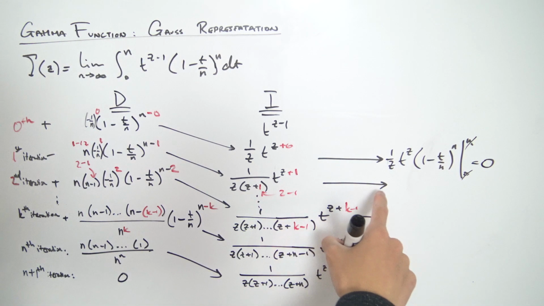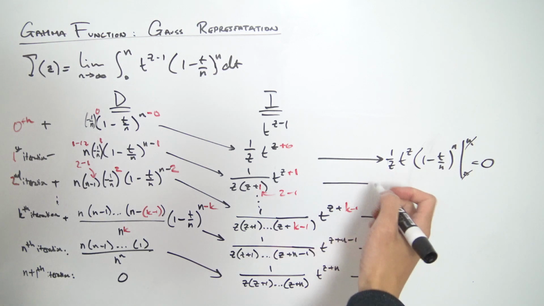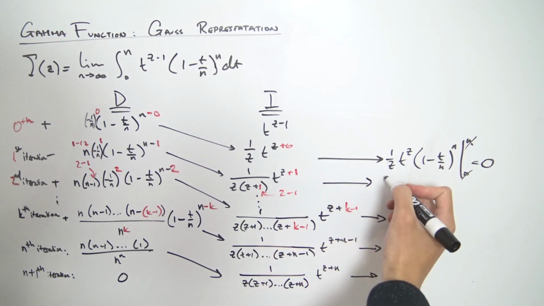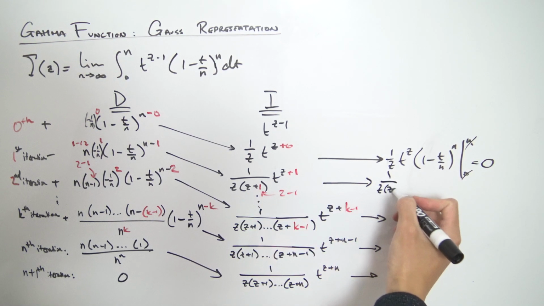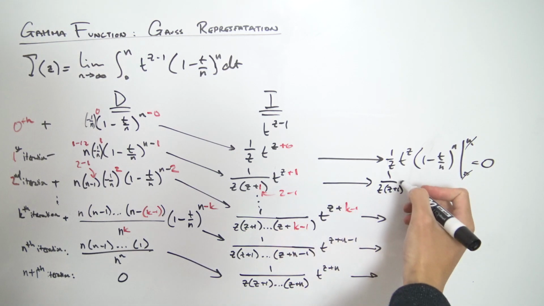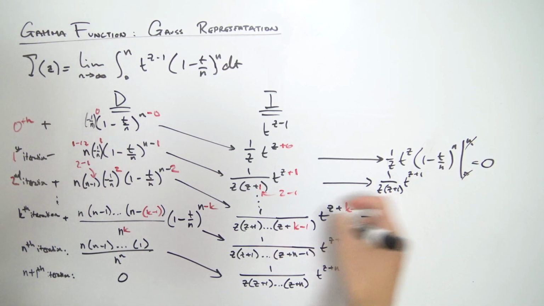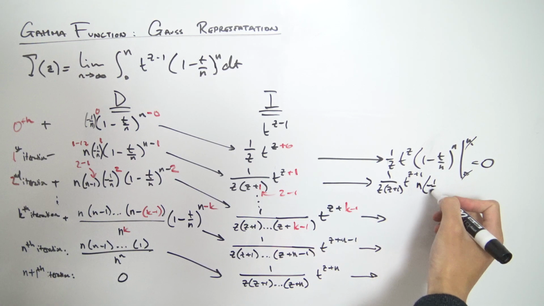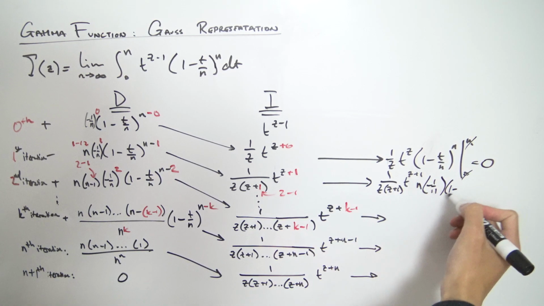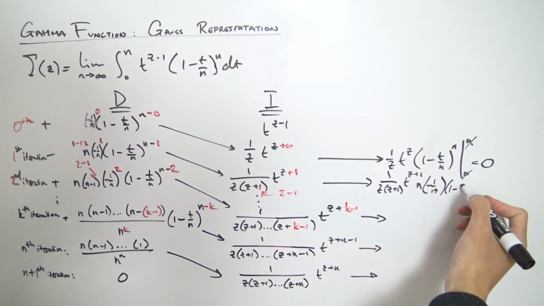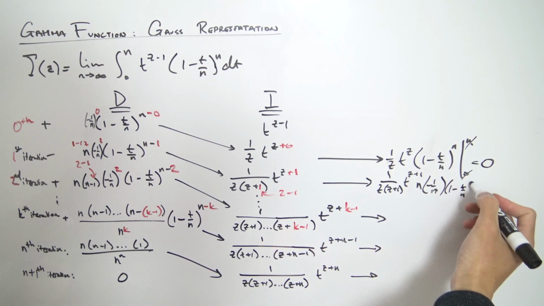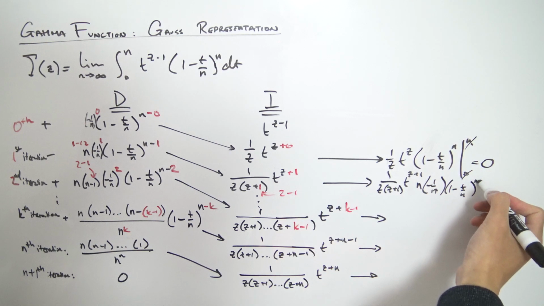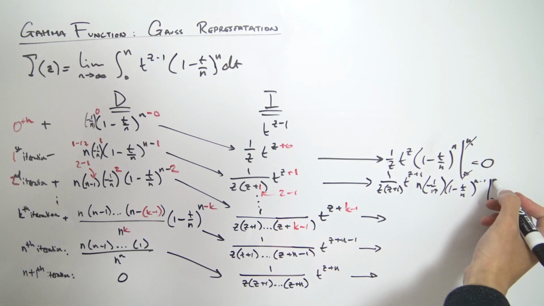And as for the second diagonal, let's just try to give a bit more space. We're going to get 1 over z, z plus 1, t to the z plus 1, and then over here we get n minus 1 over n, and then 1 minus t over n to the n minus 1, and we evaluate this from 0 to n.